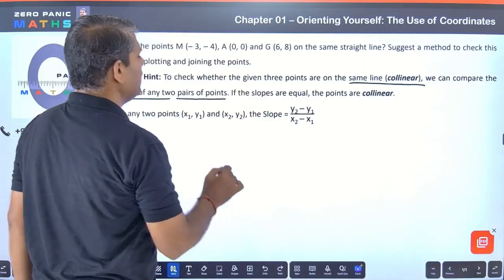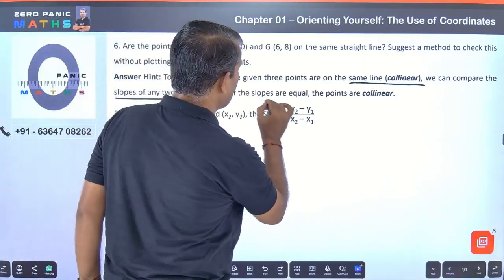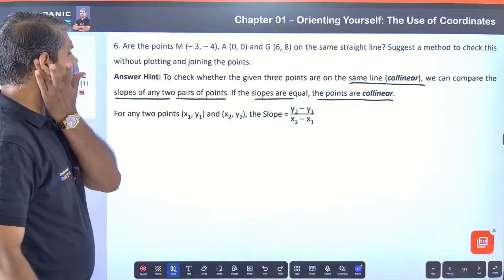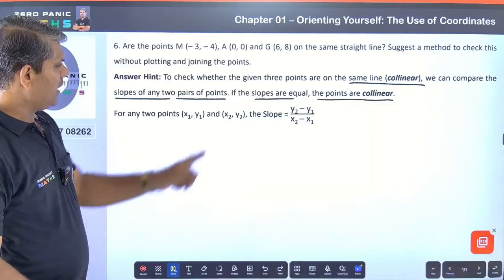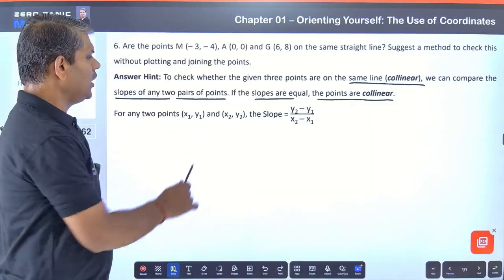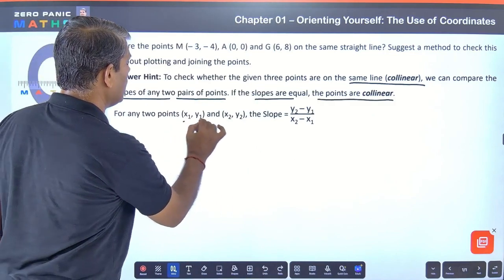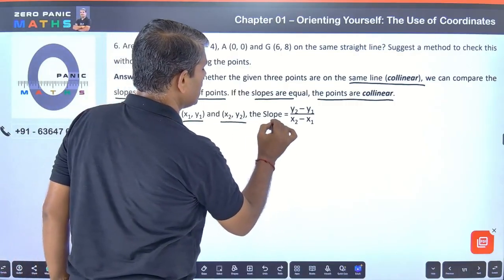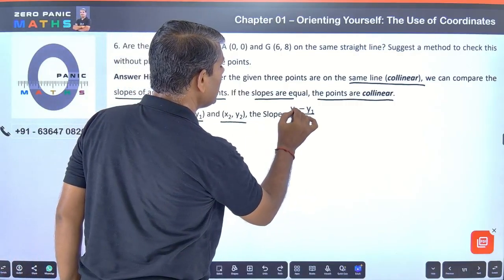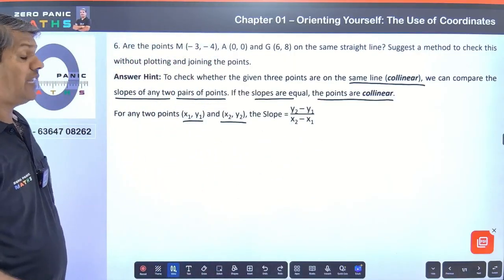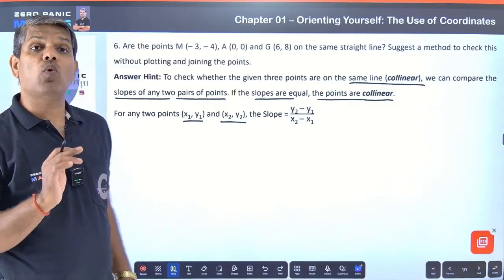If the slopes are equal, then the points are collinear. Now before we apply this, the formula given to find the slope between 2 points (x1, y1) and (x2, y2) is the difference in the y coordinates divided by the difference in the x coordinates. That is the slope.